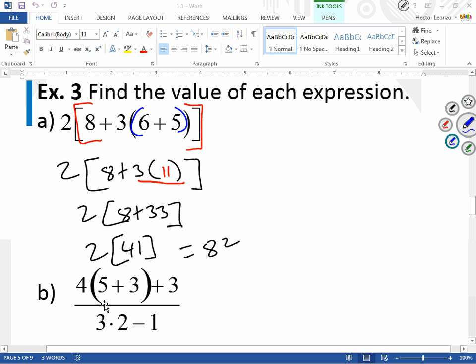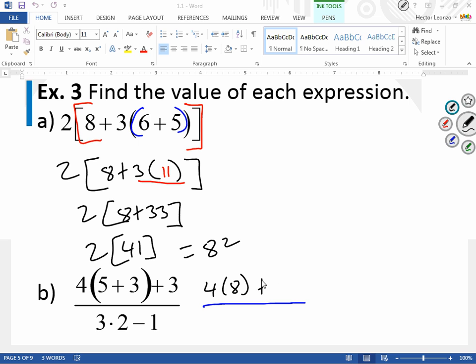Looking at example B, first, I'm going to deal with the top of my fraction, because remember I said groups can be represented as parentheses or they could be represented in fractions. So I'm going to deal with the top part, that's what we're going to call a group, and I'm going to have 4 times 8 plus 3.